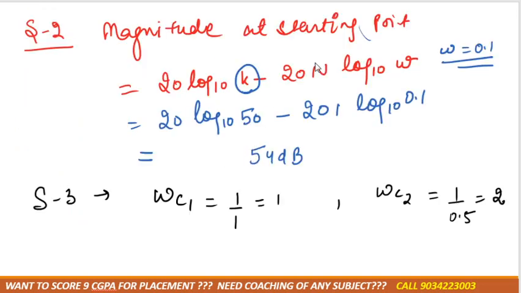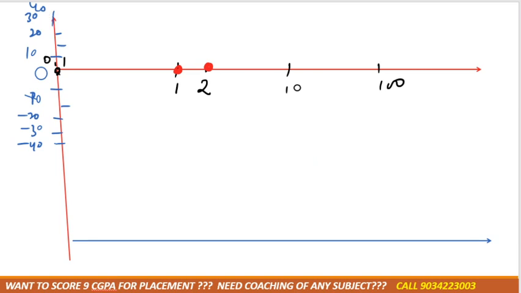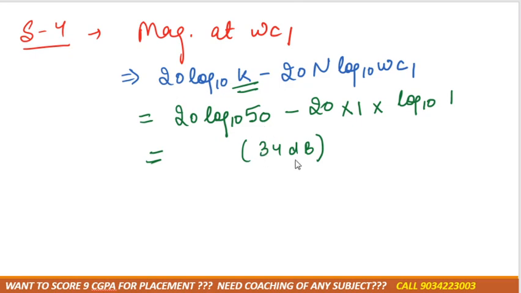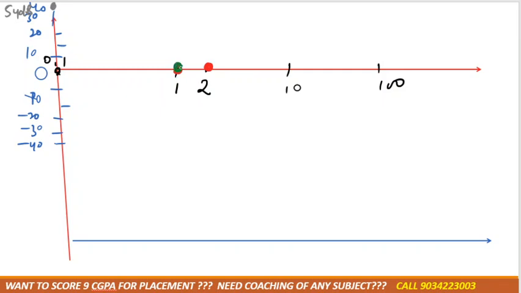But we got the magnitude at the starting point as 54 decibels, so 54 decibels is somewhere here. Then we calculated the magnitude at omega C1, and we got it as 34 decibels, so it is somewhere here.